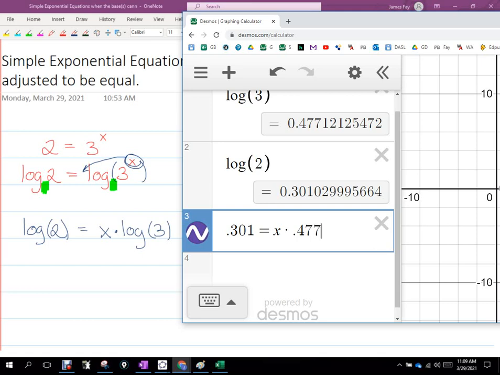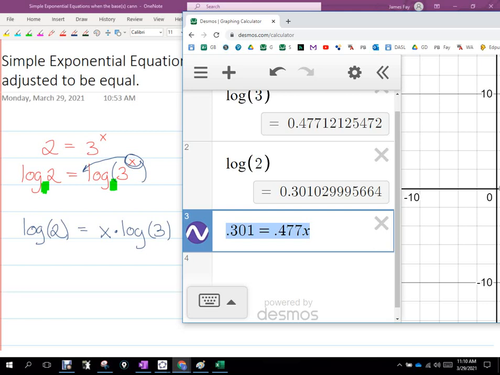Does that make sense? Normally, if I've got a number times x, don't we usually put the x at the end? Going back to Algebra 1, Day 1, what would you do with that equation to solve for x? Divide both sides by 0.477.